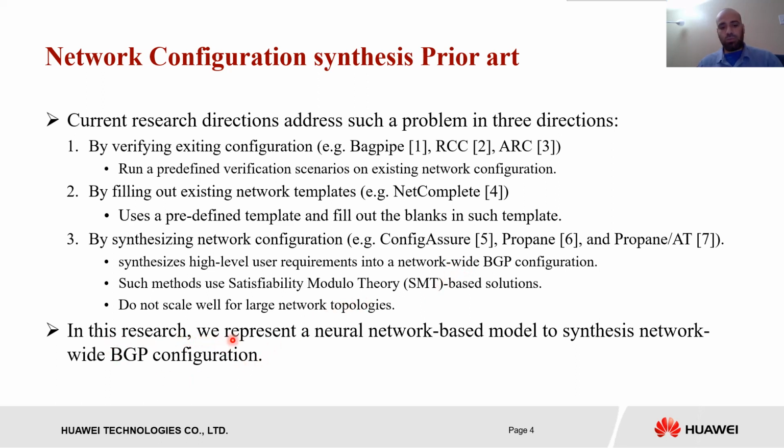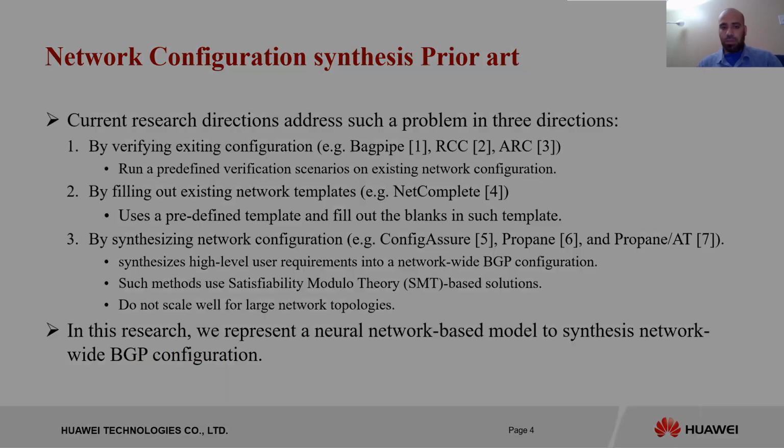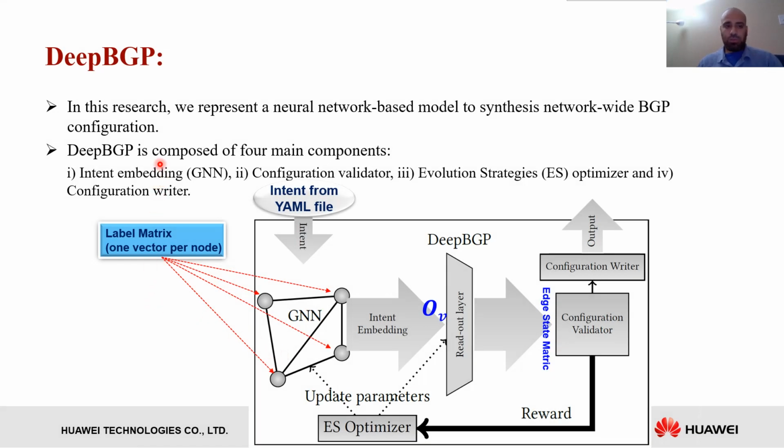In our approach, we also try to generate the full network configuration. However, we use the advances that have recently emerged from deep learning and neural networks. We call our approach DeepBGP. Basically, we have four components. The first component is a graph neural network (GNN).